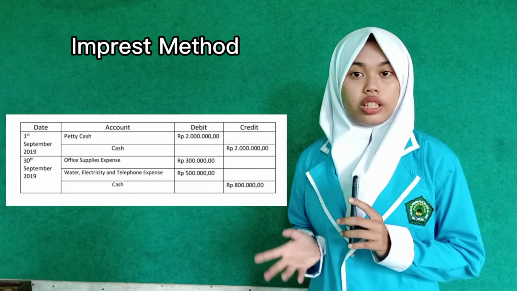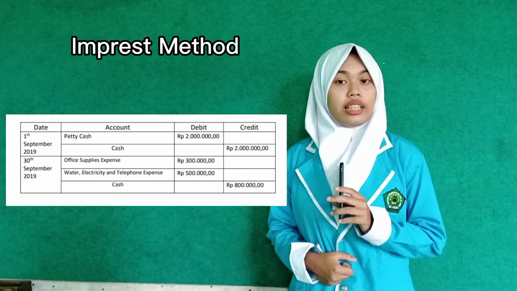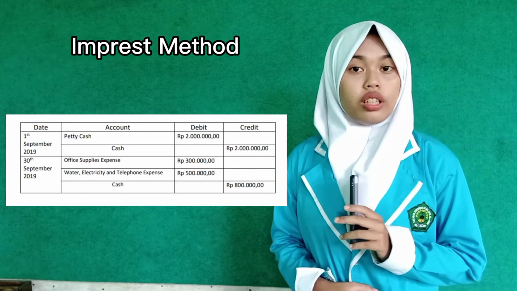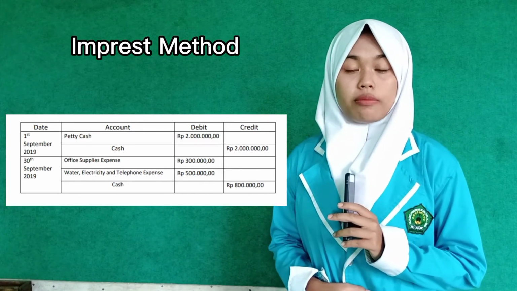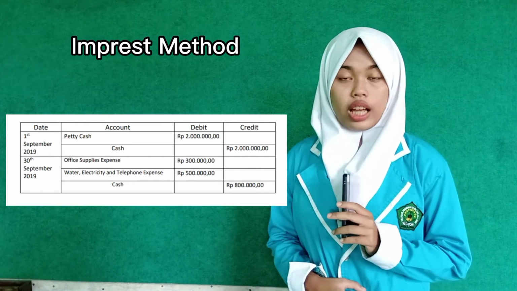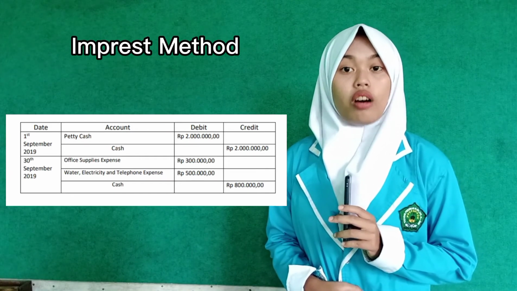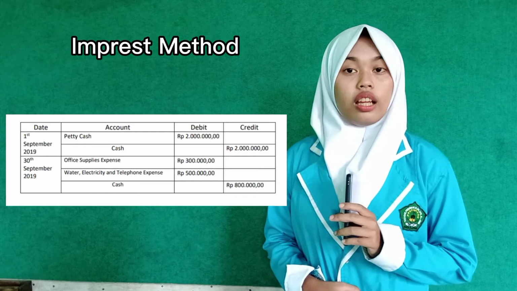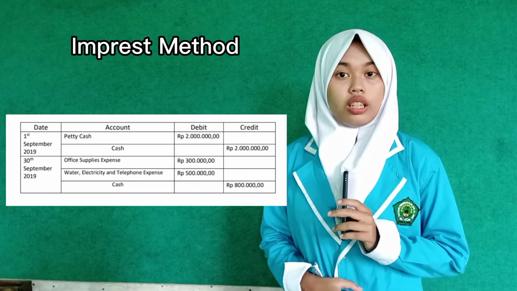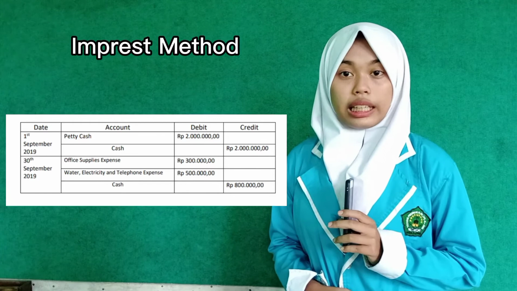And for the expenditure transactions on the 5th and 23rd of September, in the imprest method, they are not journalized right away, but at the time of replenishment by debiting the office supplies account of 300,000 rupiah and the electricity, water, and telephone expense account of 500,000 rupiah, then crediting the cash account of 800,000 rupiah, so that the petty cash balance will remain at 2 million rupiah.